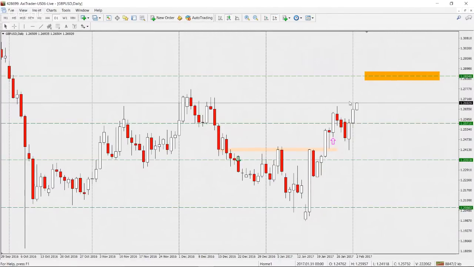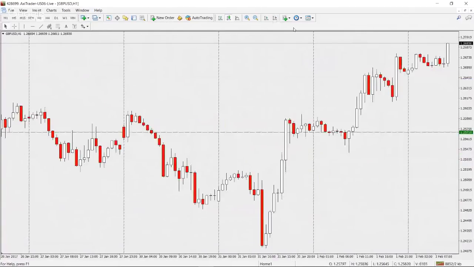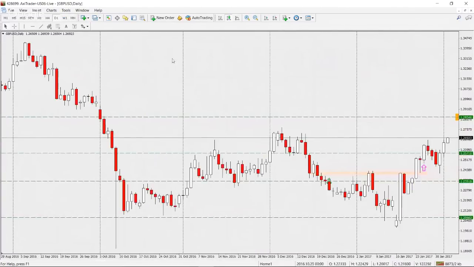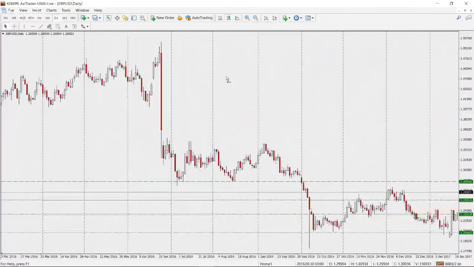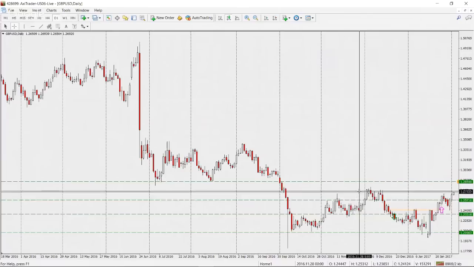So to me, kind of like the Aussie, I think the smart thing to do with the pound is to just wait for the pullbacks and then get in on those pullbacks and ride that sucker as far as you can all the way up here to the 28.50 level. And by the way, I know that there's this level right here kind of in the way, but yeah, 2,700 is definitely an issue, but we're basically knocking on the door.